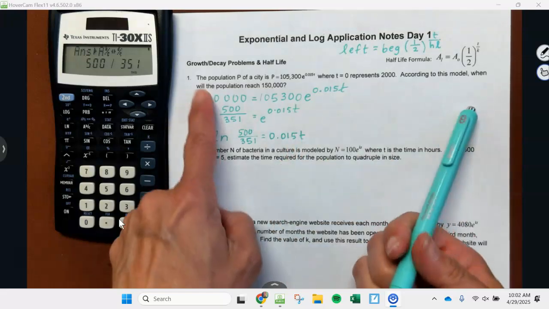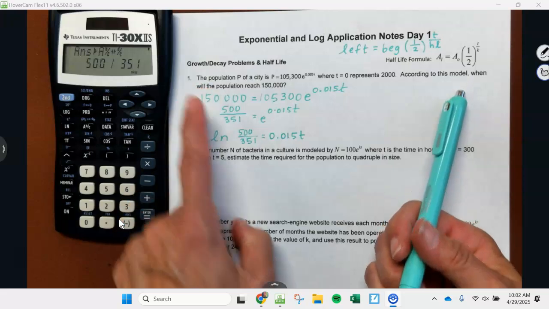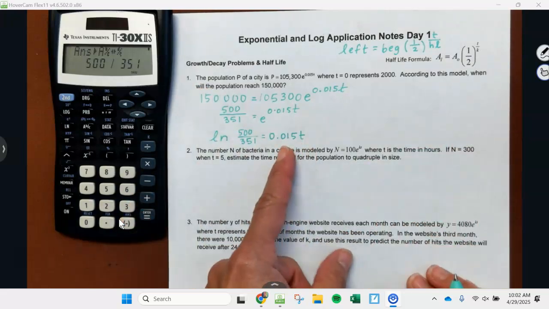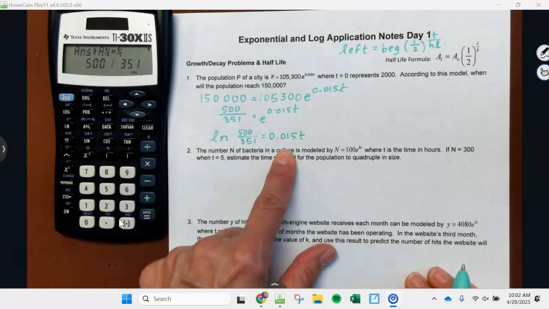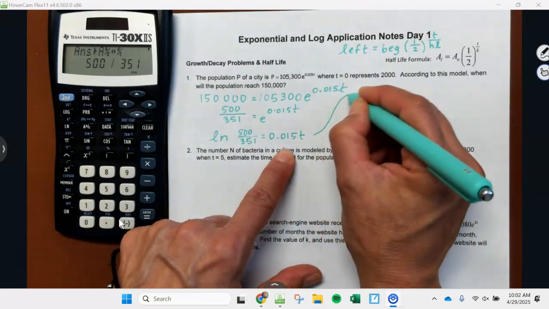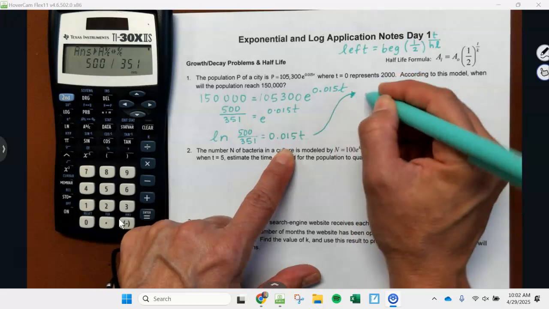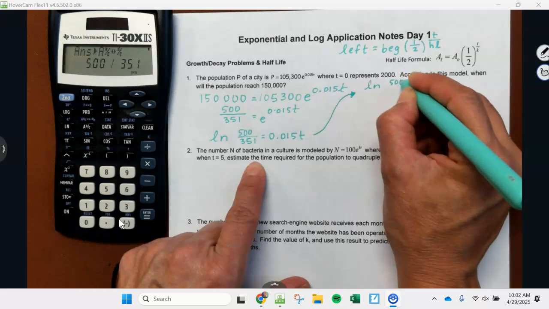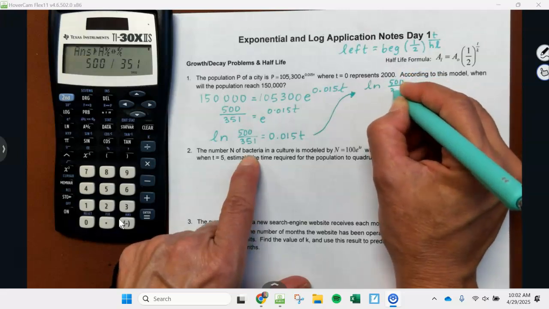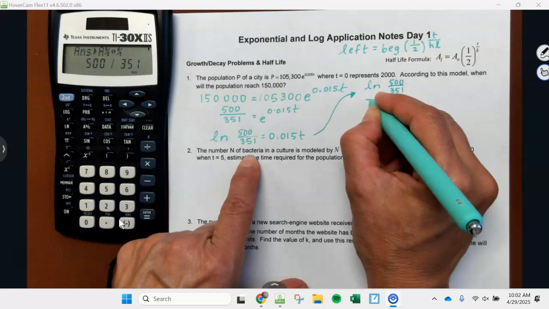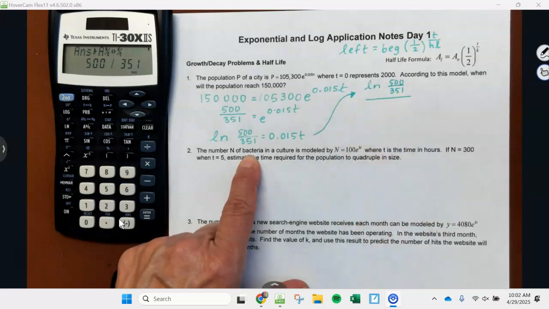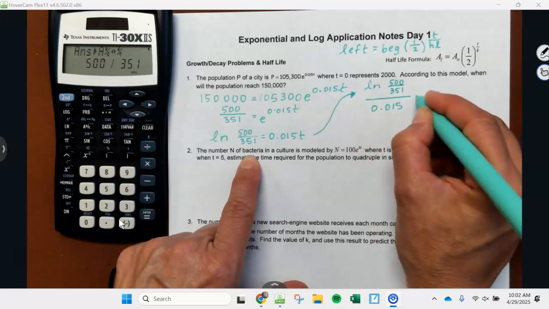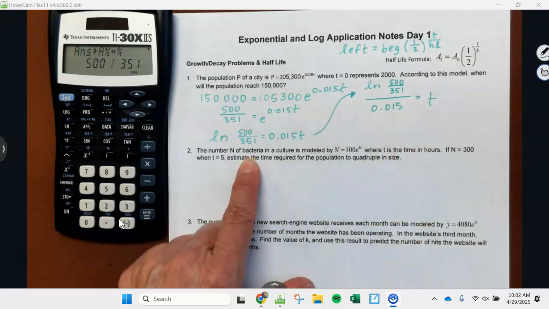But remember, they're asking us when it will reach this amount, so I need t all by itself. So I'm going to divide both sides of the equation by 0.015. So the natural log of 500 over 351, divided by 0.015, equals t.